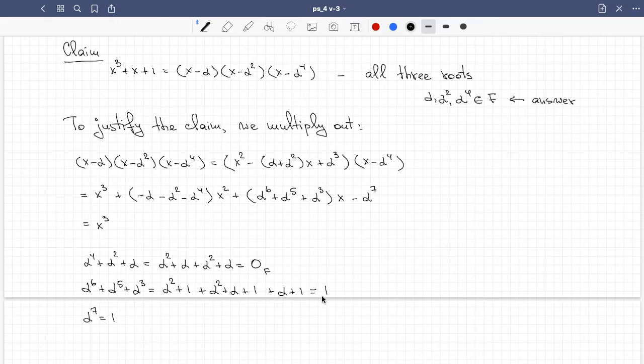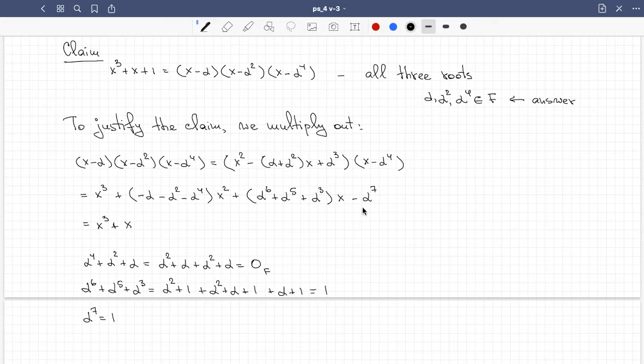So this is x cubed plus x, what I calculated here. So this 0 is the coefficient of x squared, while this 1 is the coefficient of x. And finally, I found that alpha to the 7 is 1.